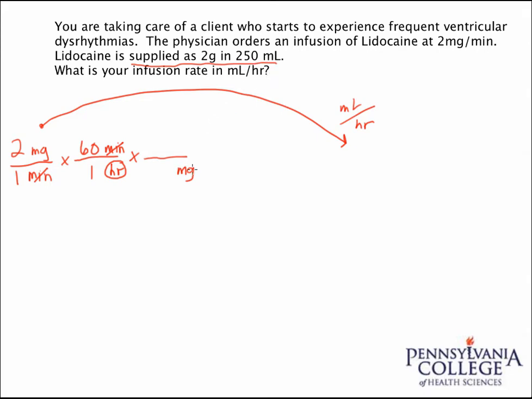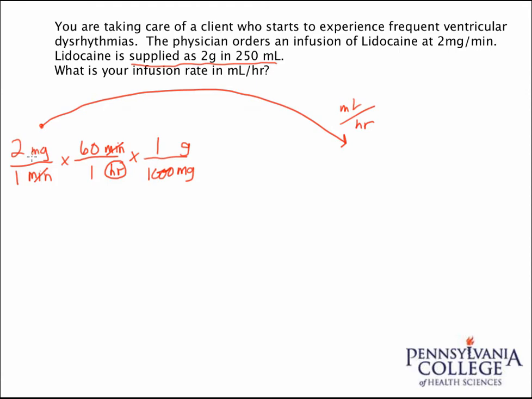So instead of going directly from milligrams into milliliters, we can convert milligrams to grams, because we can go from one unit to another quite quickly using dimensional analysis. I need milliliters at the end, but in order to determine the number of milliliters, I need to have grams. So I'm going to change milligrams into grams. This can be done because we know 1 gram is 1,000 milligrams. That's just our knowledge of the metric system.